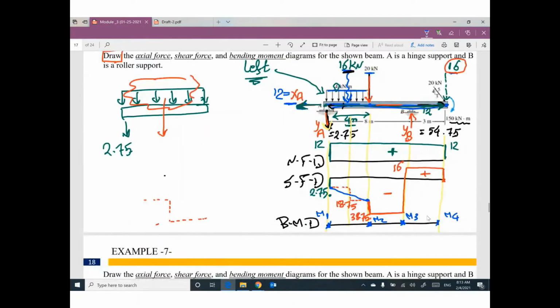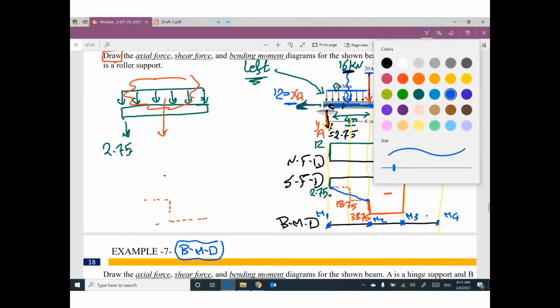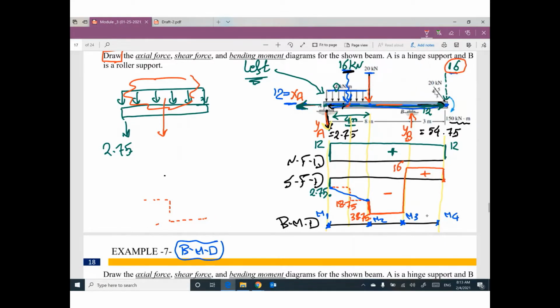For bending moment, we don't need to stop at the equivalent load of the distributed load. We need only at the beginning, we need only at the end of the distributed load if you are drawing bending moment.